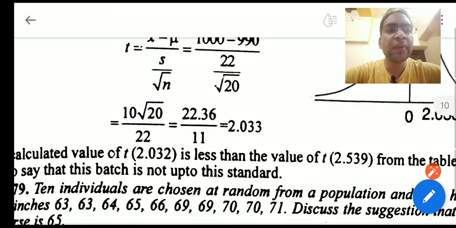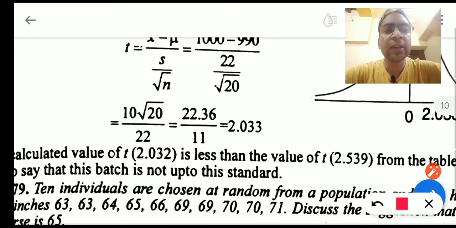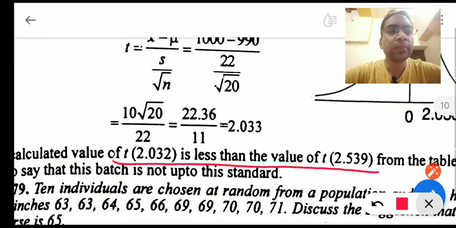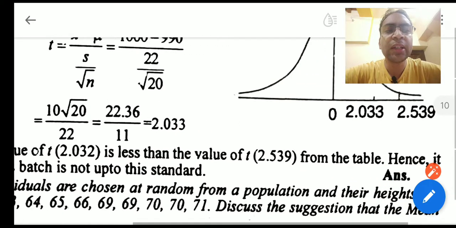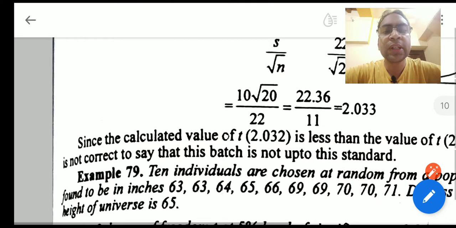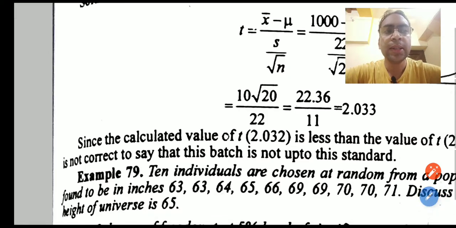Let's compare the calculated value, t is 2.033, with the standard value. The calculated value is lesser than the standard value, hence it is not correct to say that the batch is not up to the standard.